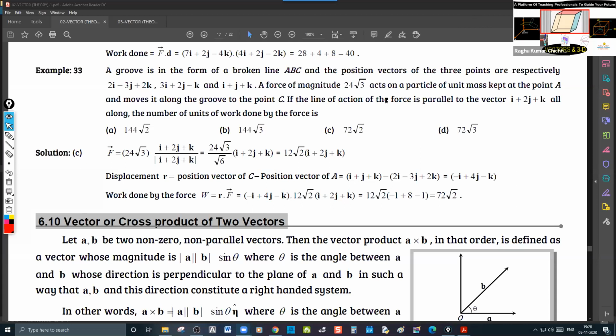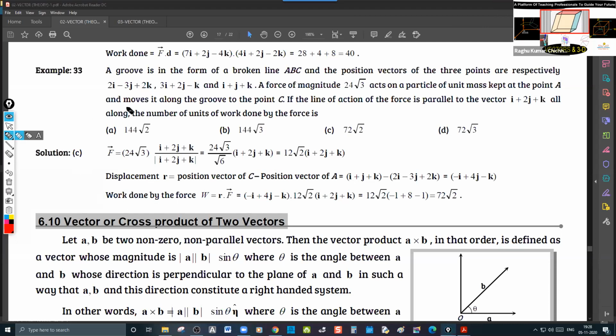When it is a scalar, then there is no problem with direction, because a scalar will have only magnitude but no direction. But when you see the vector product or cross product, it is named the vector product because the result is a vector.